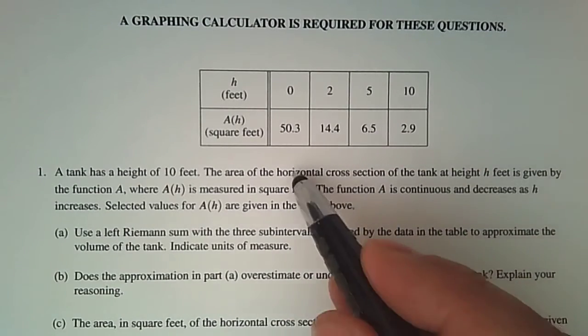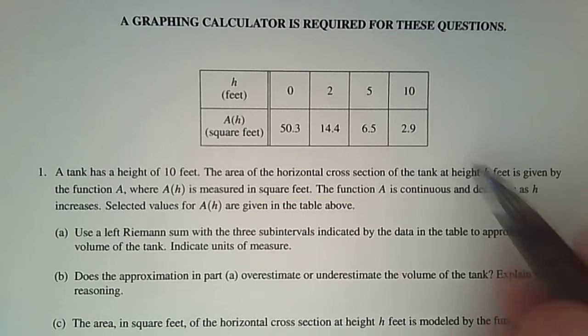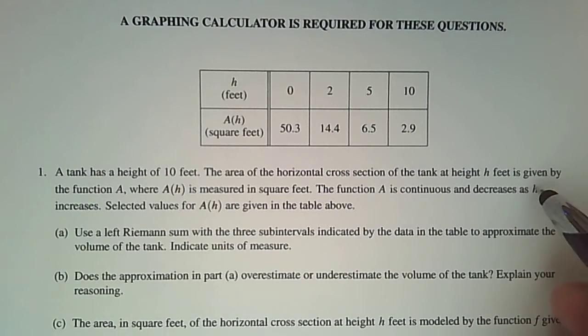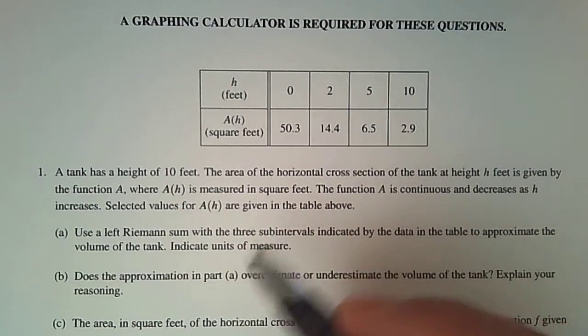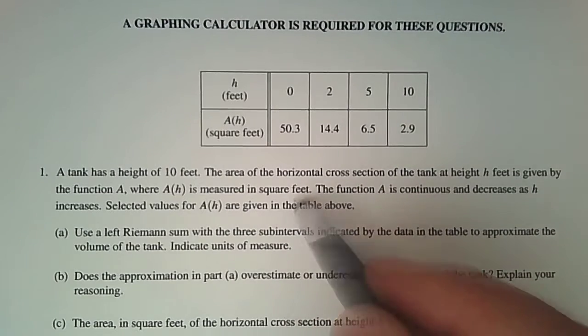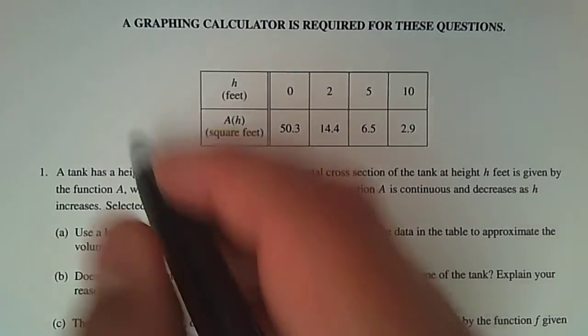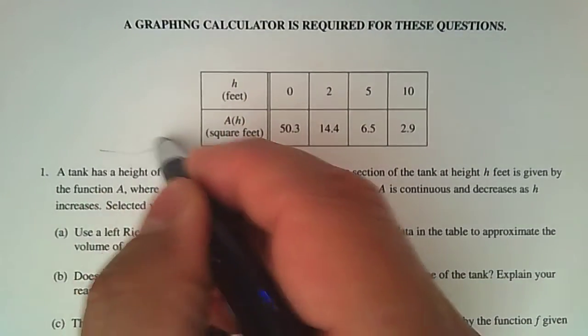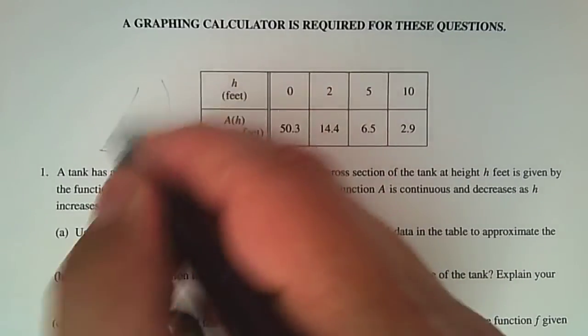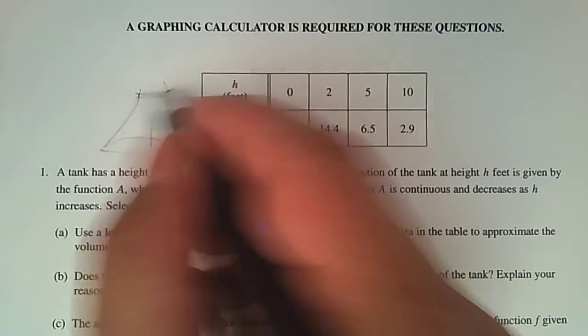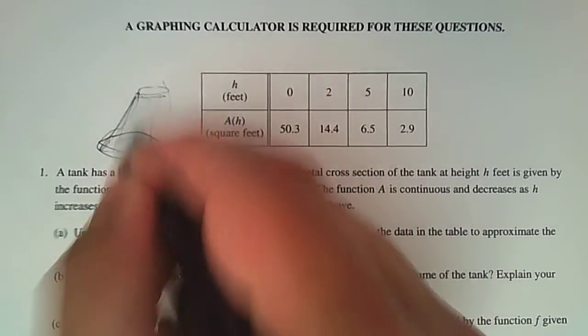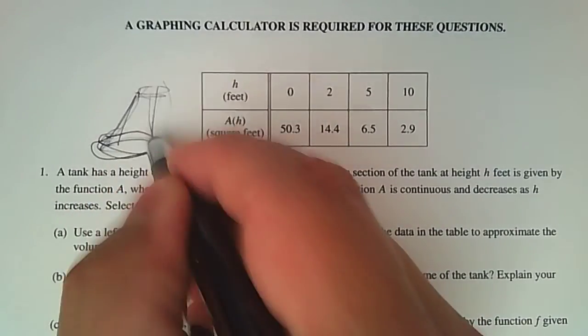The area of horizontal cross sections of the tank at height h feet is given by that function, where A at h is measured in square feet. The function A is continuous and decreases as h increases. So you have a tank and it's wider at the bottom, and as it comes up to the top, it gets narrower and narrower, just to get a visual of that.